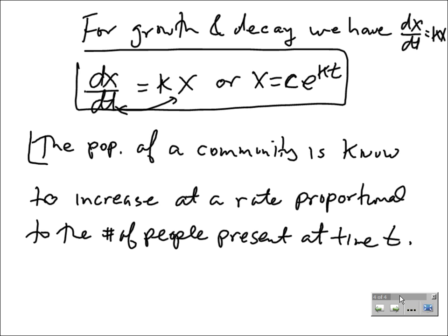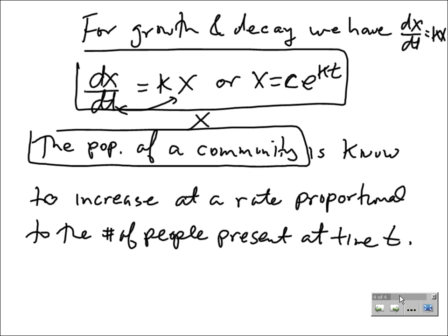So the population of the community, I'm going to call x, is means equal.